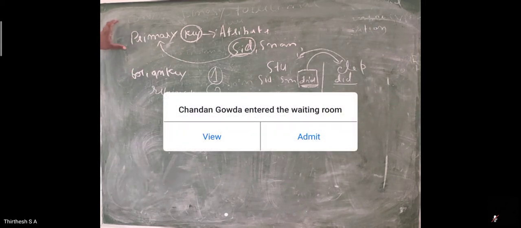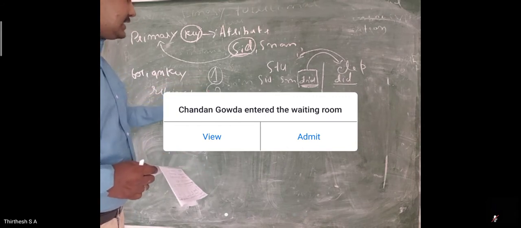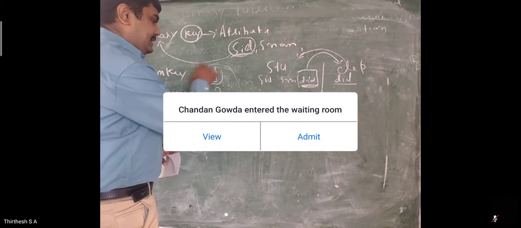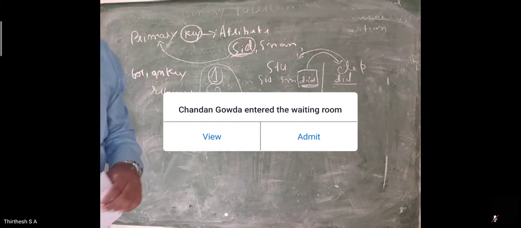So what is a primary key? A primary key is the unique key which ensures that any data present in your entity will not be repeated.